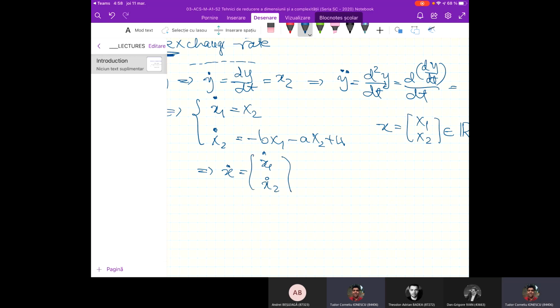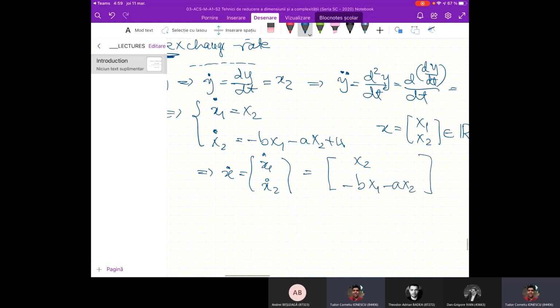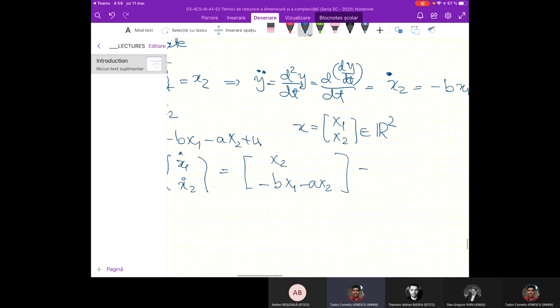You can write it first like this, x2, and then minus b x1 minus a x2. And separately, you can write it as plus 0 u. So these are R2 vectors.